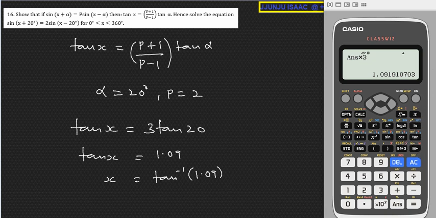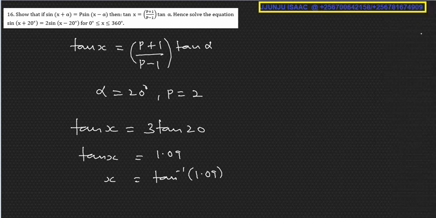So what is the tan inverse of that? Tan inverse of 1.09, you get 47.46. x is 47.5 degrees.